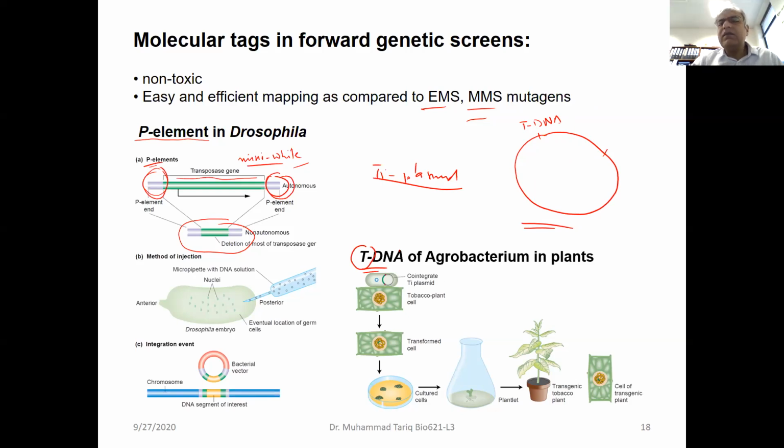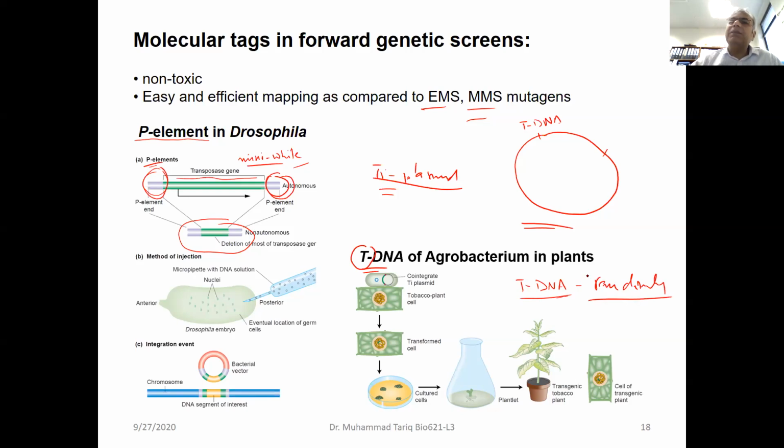The Ti plasmid of the bacteria was not only used to create transgenic plants, it was also used to create mutant populations for different mutant screens, because tDNA also goes and integrates into the genome randomly.